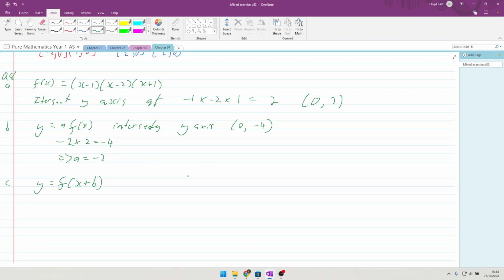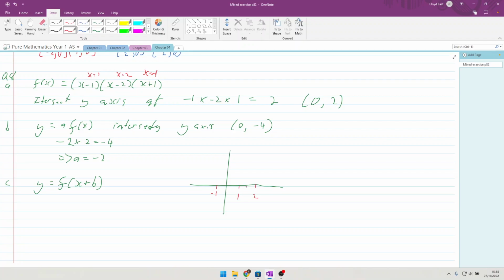We've got a cubic that is going through at x equals 1, x equals 2, and x equals minus 1. Okay, so minus 1, 1, and 2.